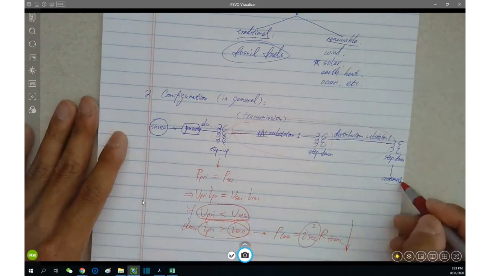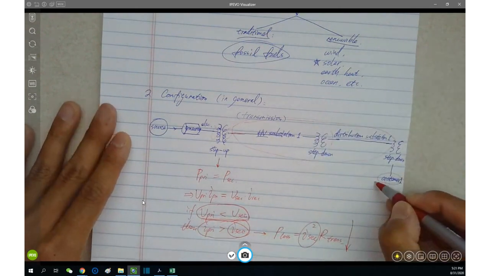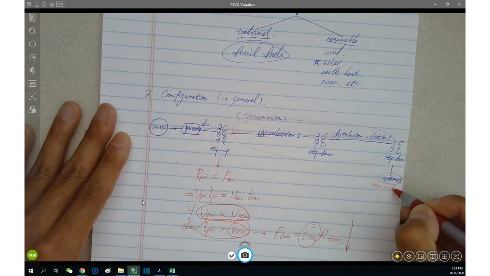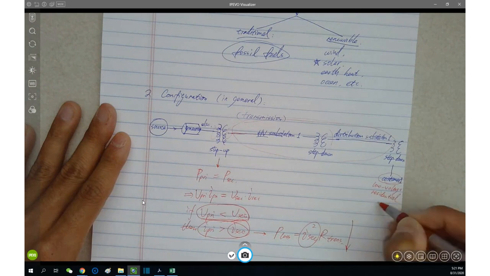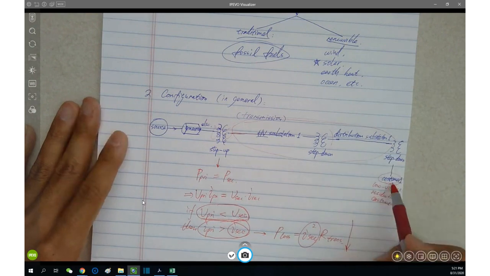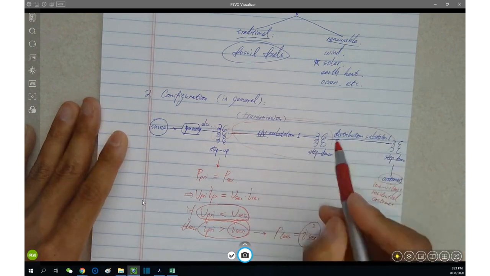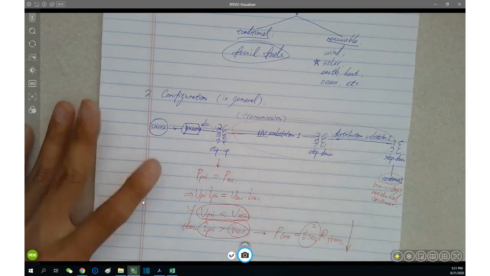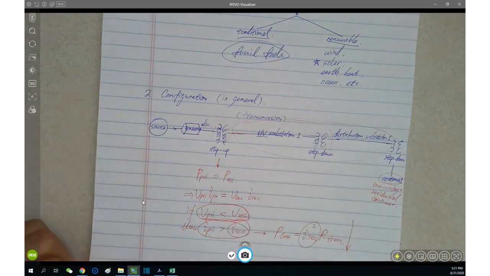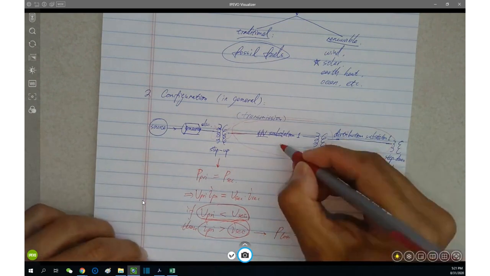Our end customers may be very low voltage residential customers. But before this, back on the transmission line, we might need to feed industry level customers, right? Or very high voltage industry customers, maybe here.